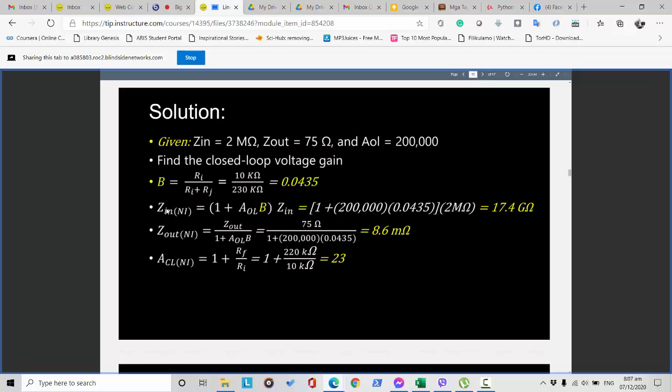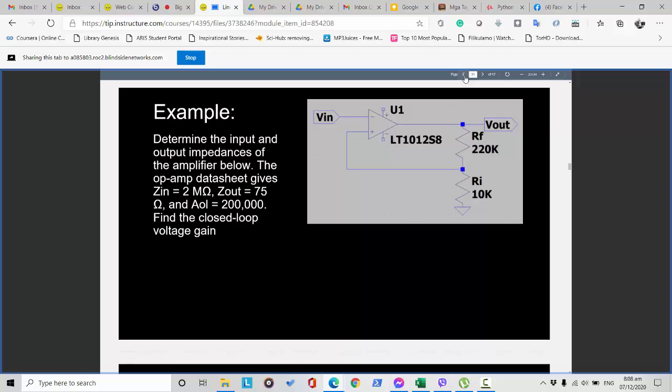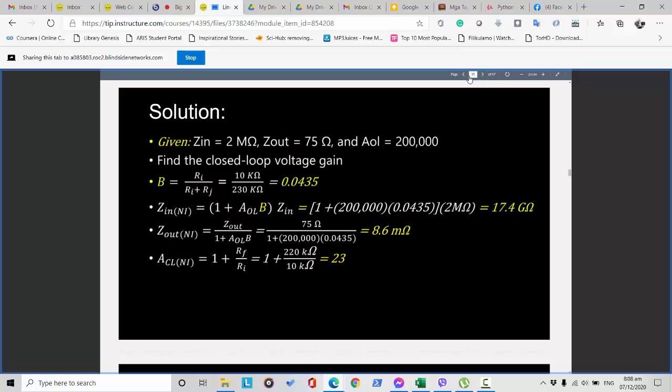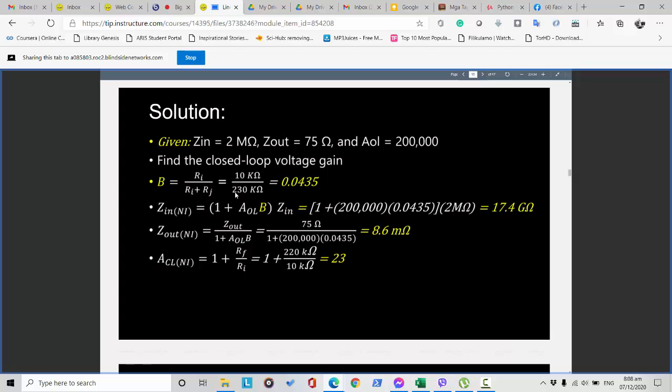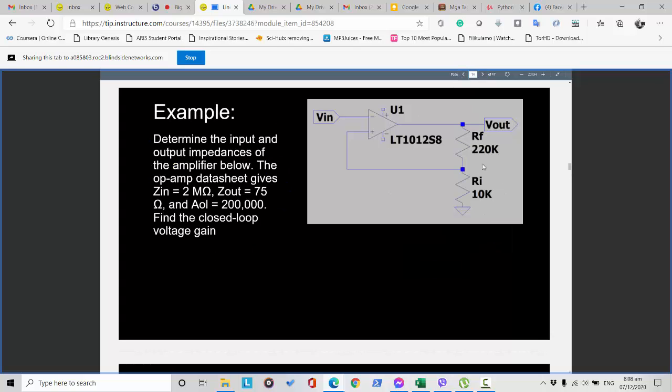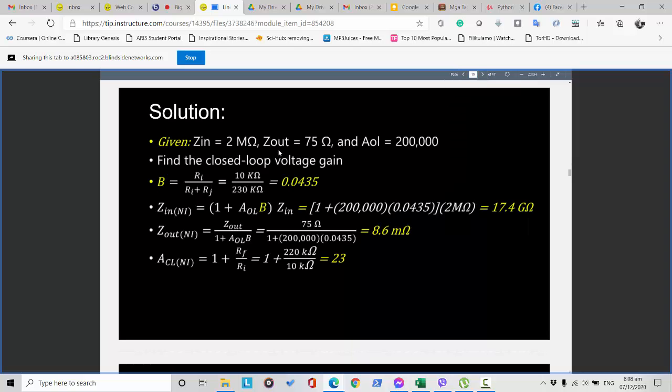To compute that, we need Ri divided by Ri plus Rf. Based on the circuit, this is our Ri, which is 10 kilo ohms, and the Rf is equivalent to 220 kilo ohms.